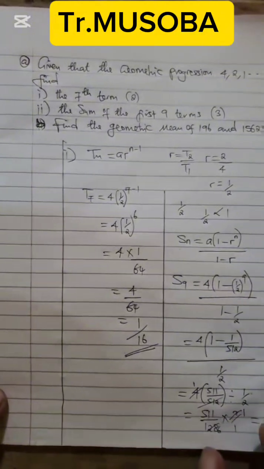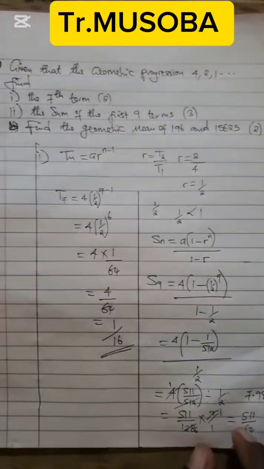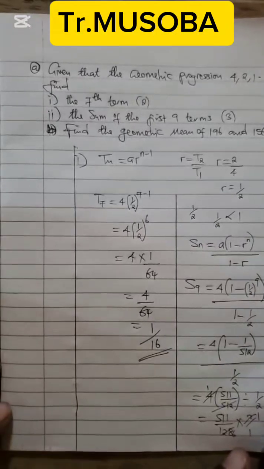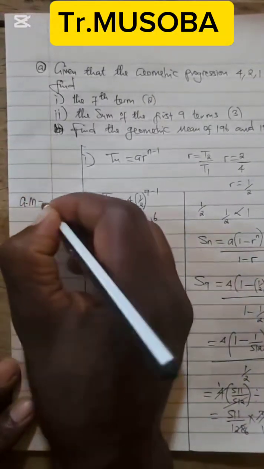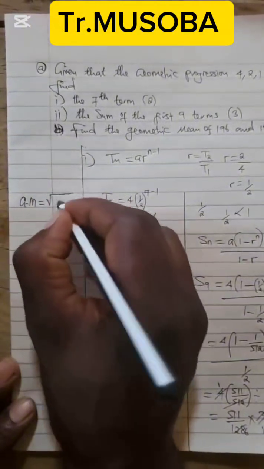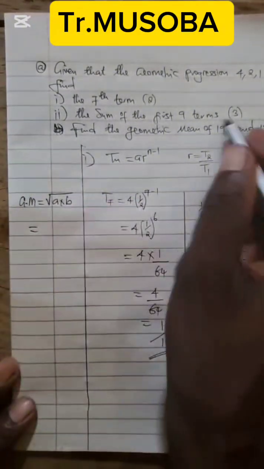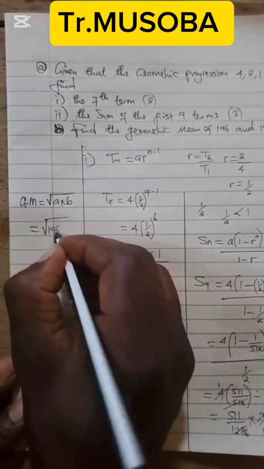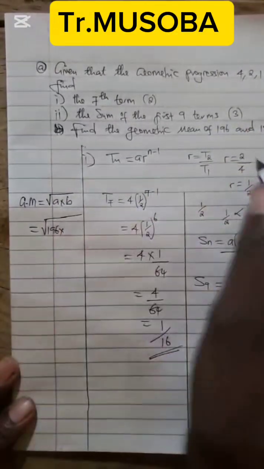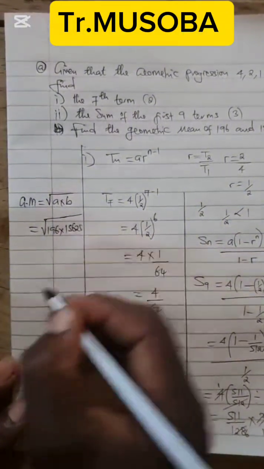Find the geometric mean of 196 and 15625, and you get 2 marks. To avoid wasting time, you say geometric mean is equal to the square root of A multiplied by B. So we say the square root of 196 multiplied by 15625.